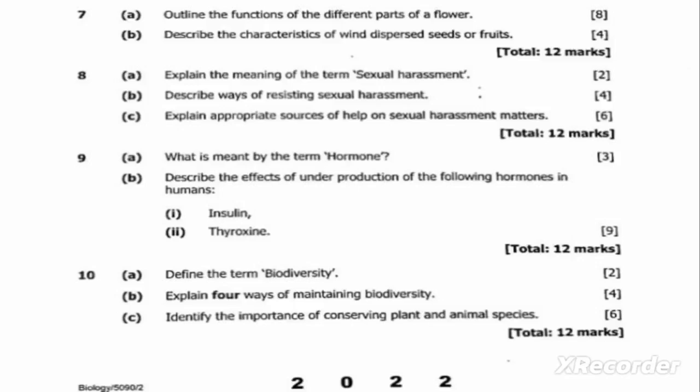We can maintain biodiversity by embracing and advocating afforestation. Afforestation involves planting of new trees to replace the old ones. Afforestation helps to prevent extinction. Extinction is the permanent disappearance of some species on the surface of the earth.